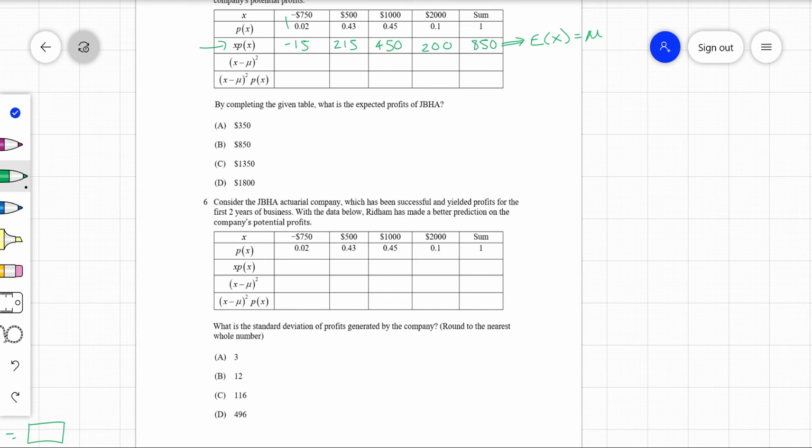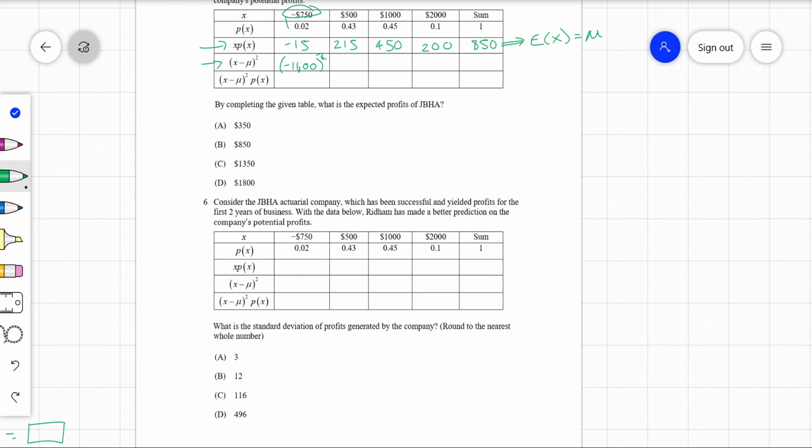In the next one, when it says x minus mu all squared, that's exactly what we're going to do. We take x minus 750, and then minus mu, so minus 850. I'll get minus 1600, and then of course I square that answer.